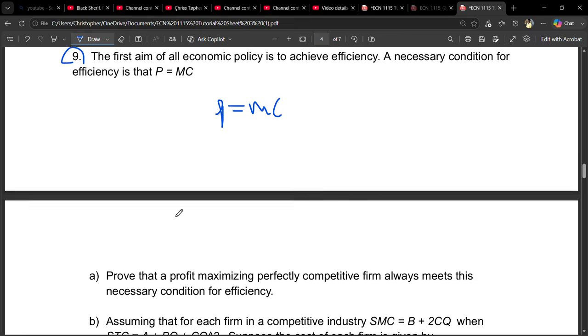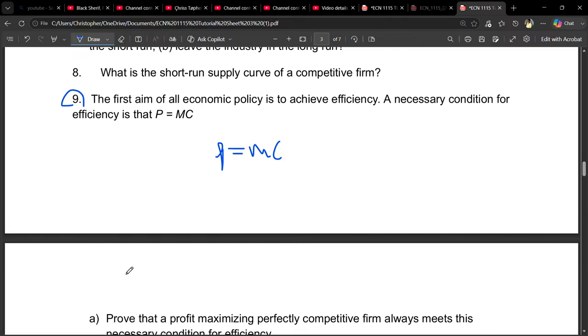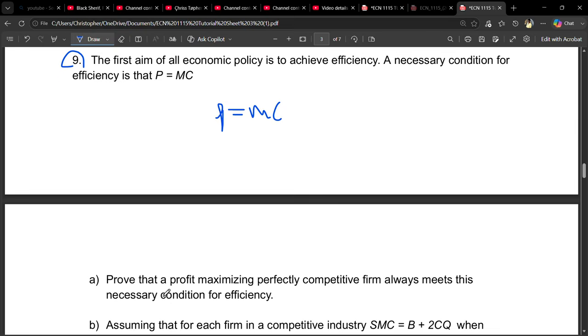The first question says prove that the profit maximizing perfectly competitive firm always meets this necessary condition for efficiency.